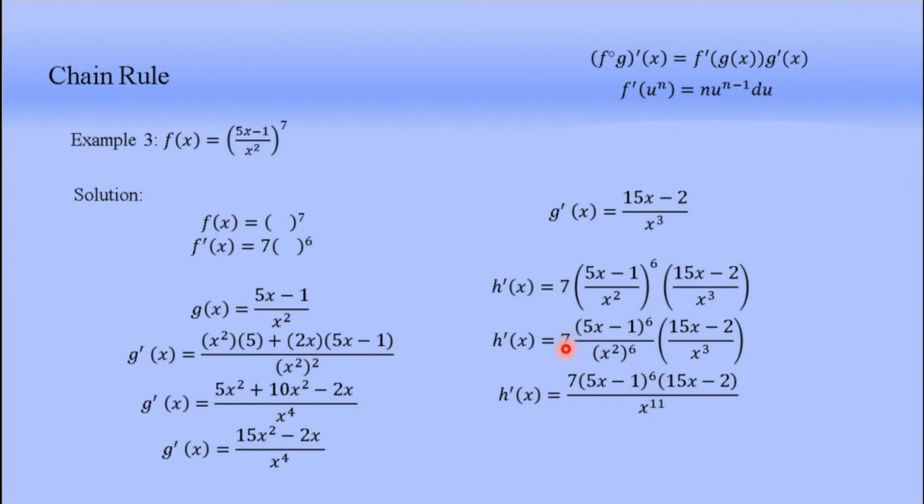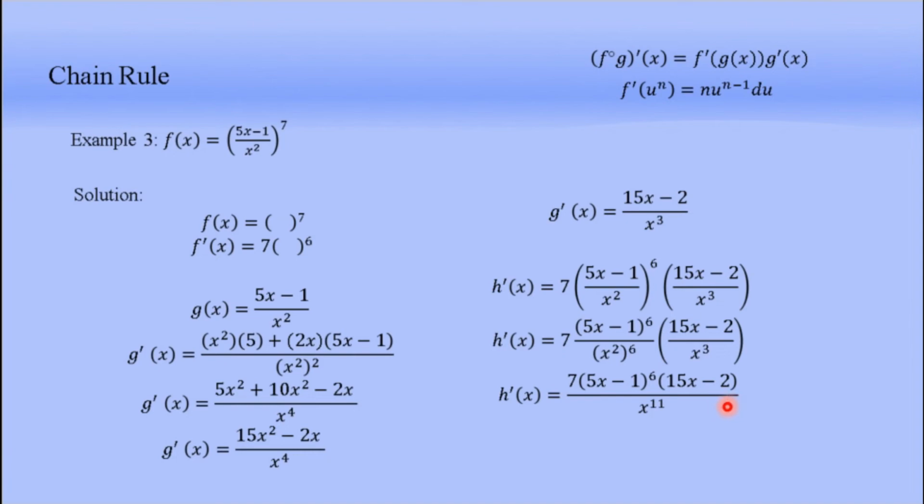We're just going to bring 7 up. So 7 times (5x minus 1) raised to the 6th power times (15x minus 2). And now we can leave this as it is.